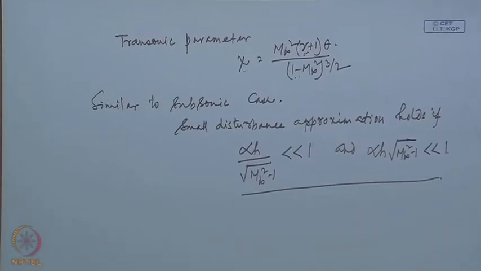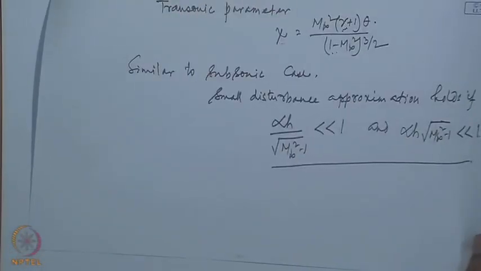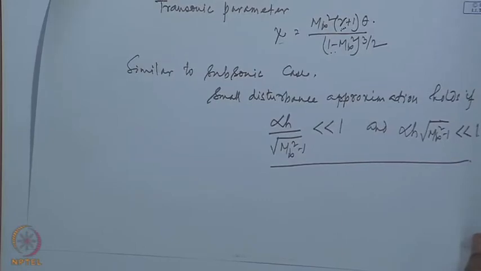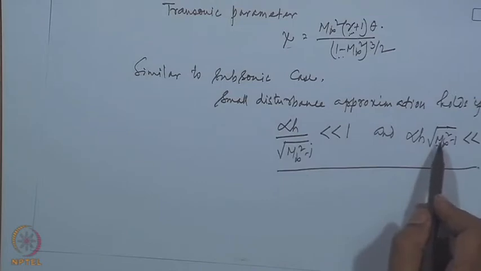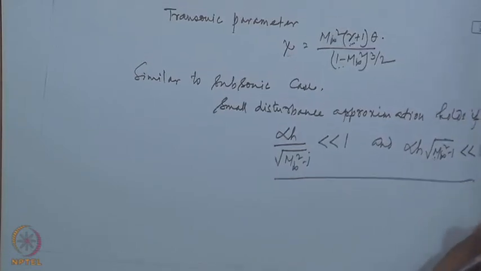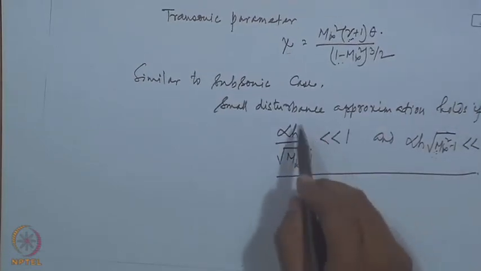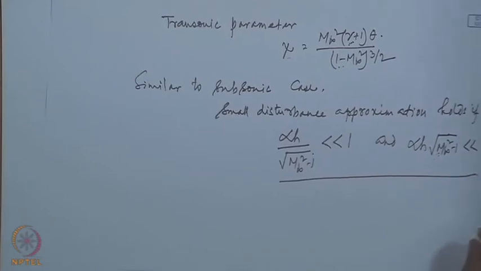This also you can see as before using the same approach, that is u by u infinity and v by u infinity are much smaller than 1 to get this relation, and the higher order terms in the wall boundary conditions are negligible if this is satisfied. So, hence these are the requirements for the small disturbance approximation to be valid.